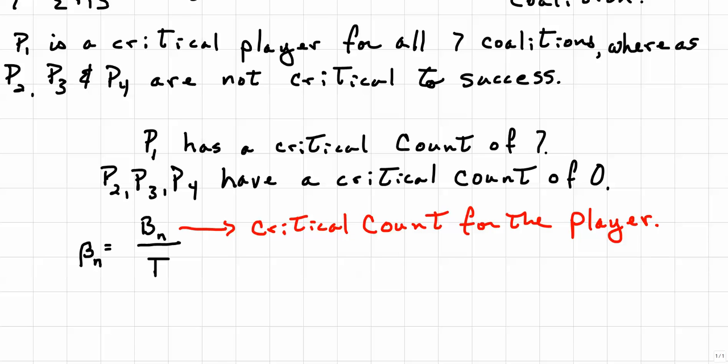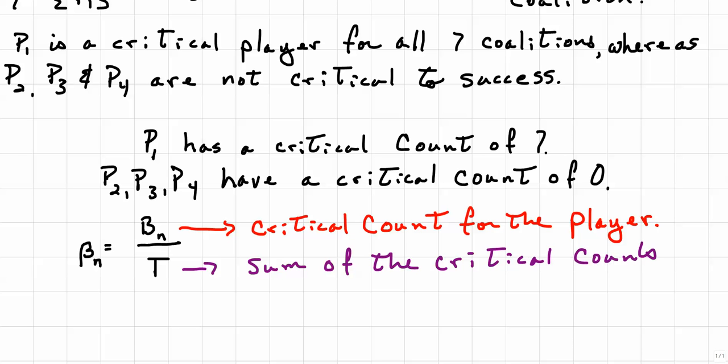And T is going to be your sum of the critical counts. So in this particular case, T is going to be equal to 7 plus 0 plus 0 plus 0.